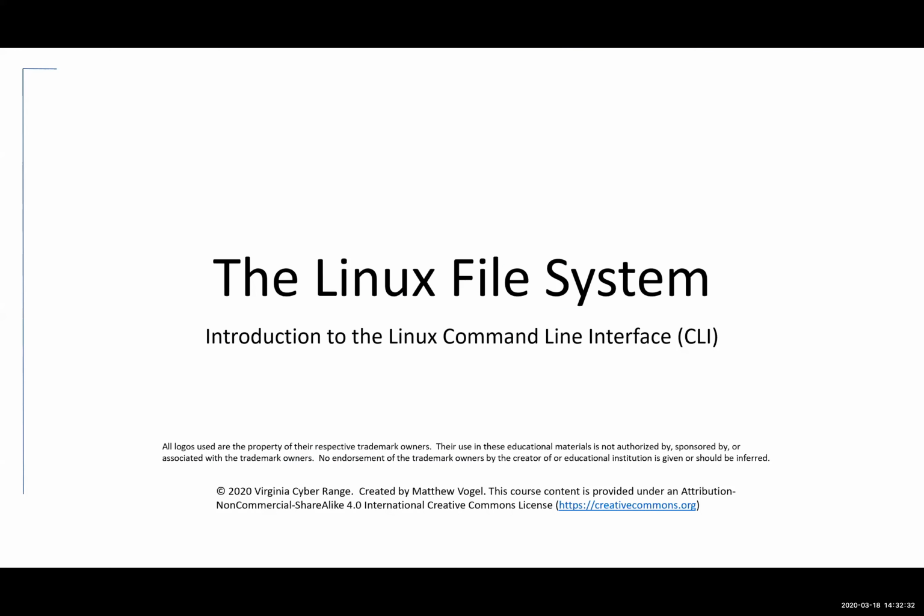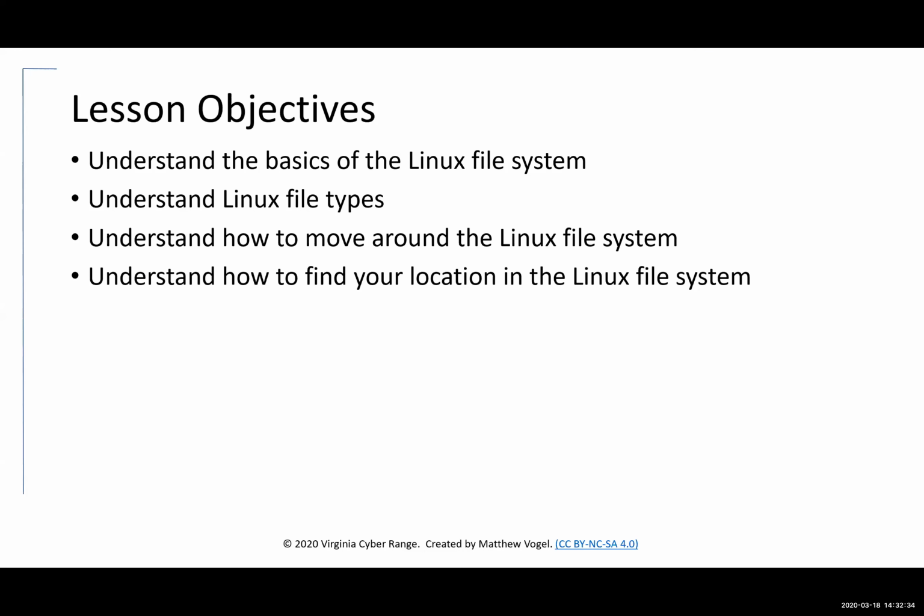Here we go with the Linux file system. Some lesson objectives: we're going to understand the basics of the file system, and understand the different types of Linux files. Most importantly, we want to know how to move around the file system, and that's from the command line.